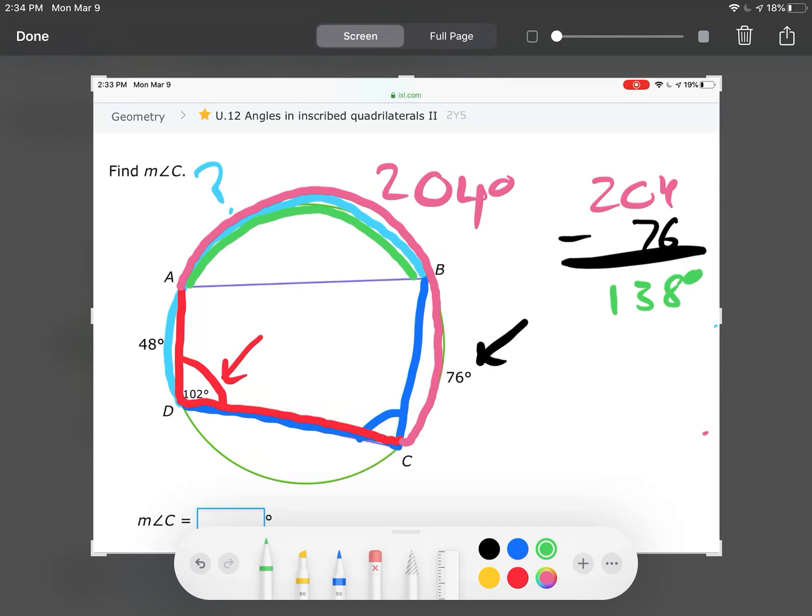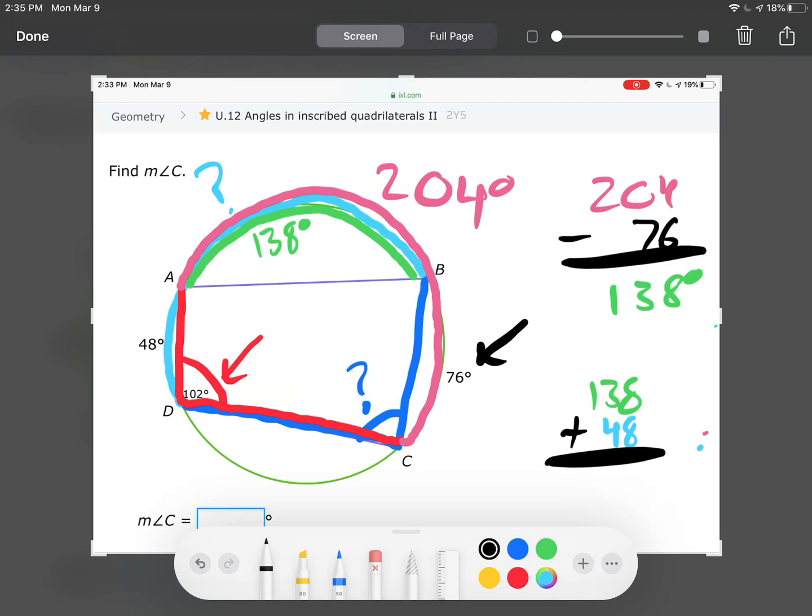138 degrees. So if you want to find the blue angle, well, let's go ahead and put that. So the green part is 138. The rest of the light blue arc is 138 plus 48. So you take the 138 plus 48.